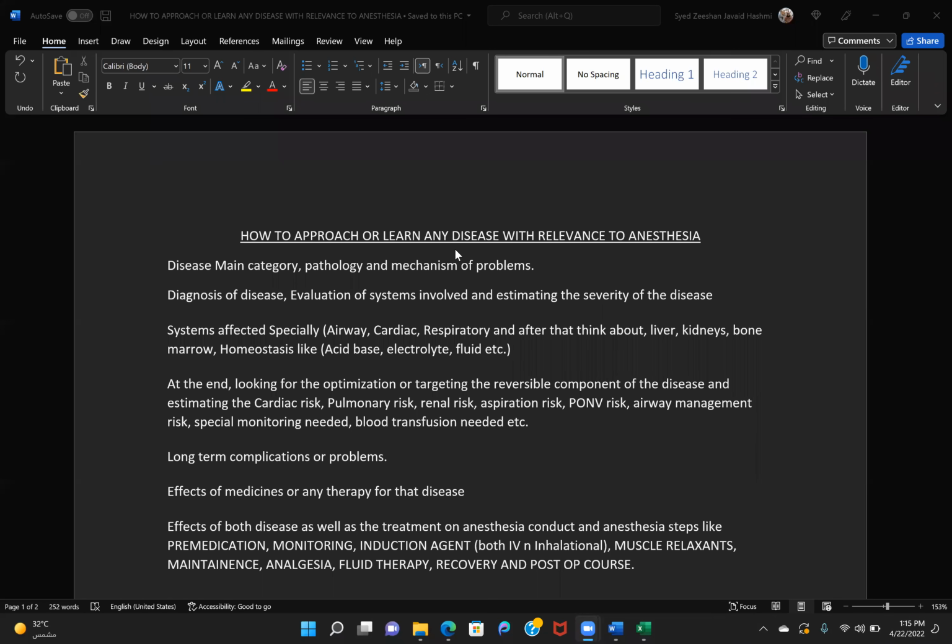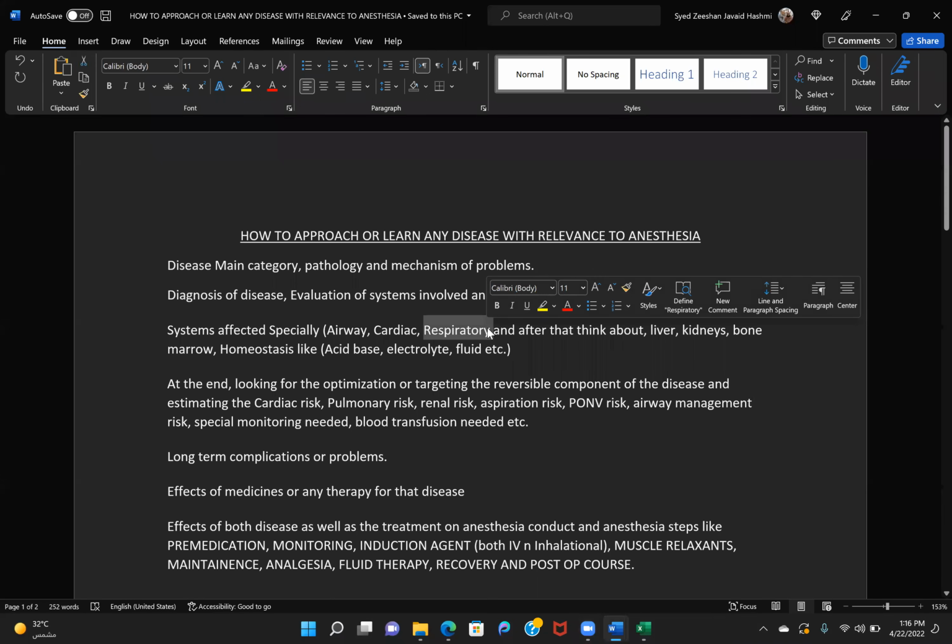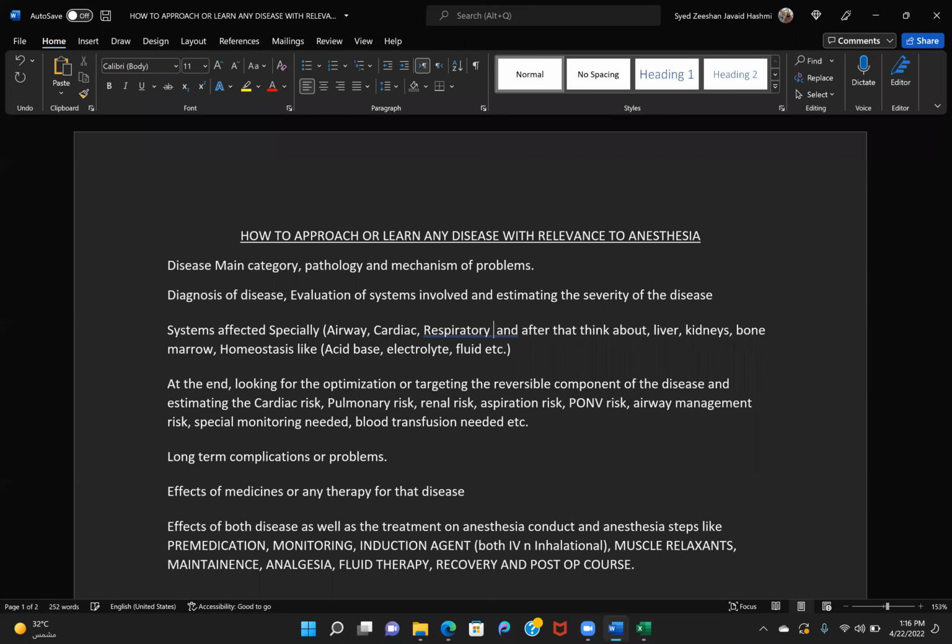I'm just giving you an overview of how to target a disease when you are reading any topic, how to correlate it. There is no significant effect on the other systems. Usually it is respiratory muscle weakness and neurological involvement. I forgot to write neurological here; I should also write it.